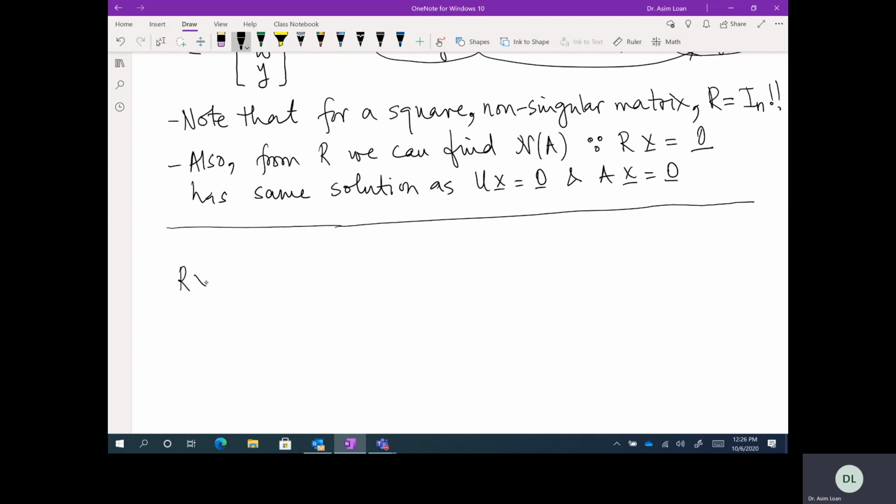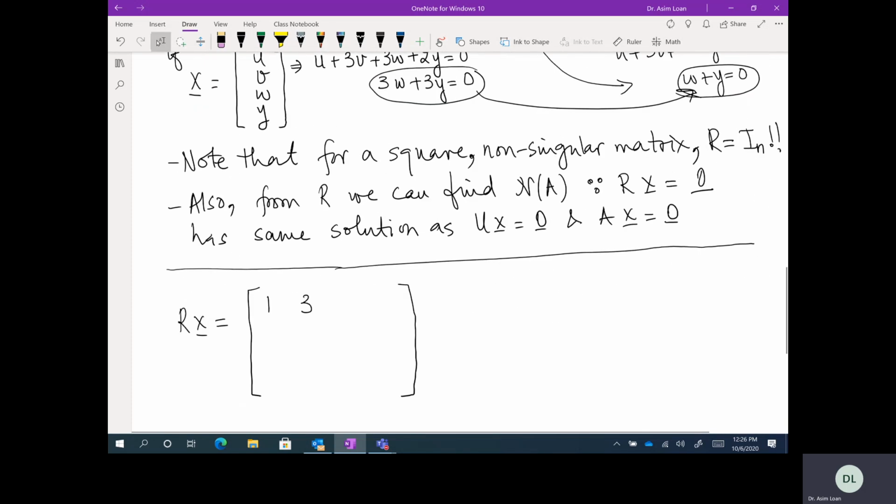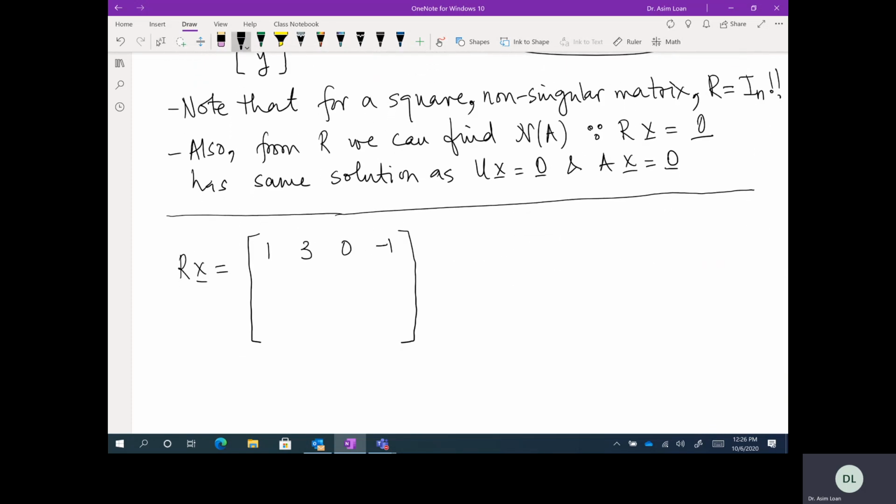So R times X equals, with R being 1, 3, 0, minus 1, then 0, 0, 1, 1, and then 0, 0, 0, 0, and x is u, v, w, y, equal to 0.